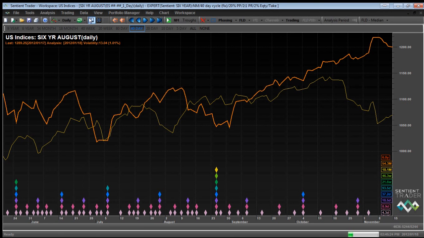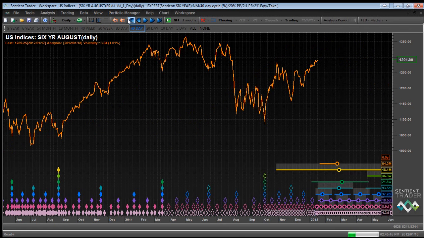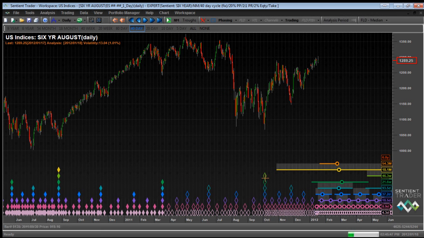So is it possible that, in fact, the 18-month cycle should be positioned in August of 2010? So I took the challenge, and I got full Sentient Trader to perform an analysis on that basis, and got it to position an 18-month cycle trough in August of 2010. If you do that, it's another alternate.